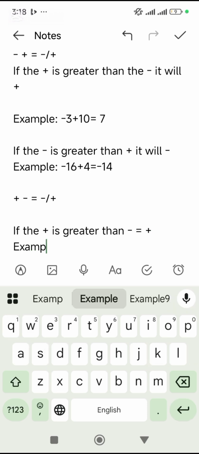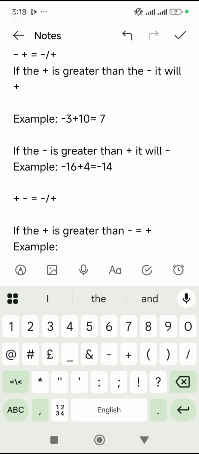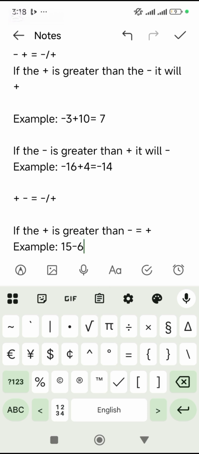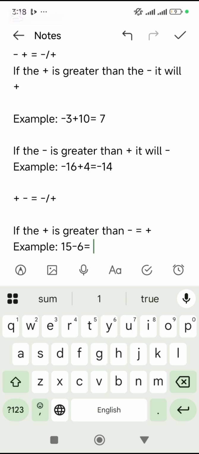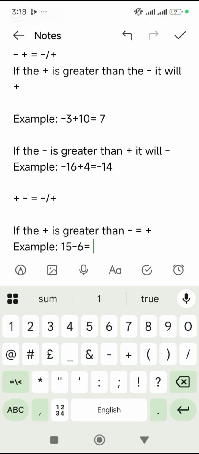Example, say we have 15 minus 6. The plus 15 is bigger than the minus 6, so you will have 9, which is plus.